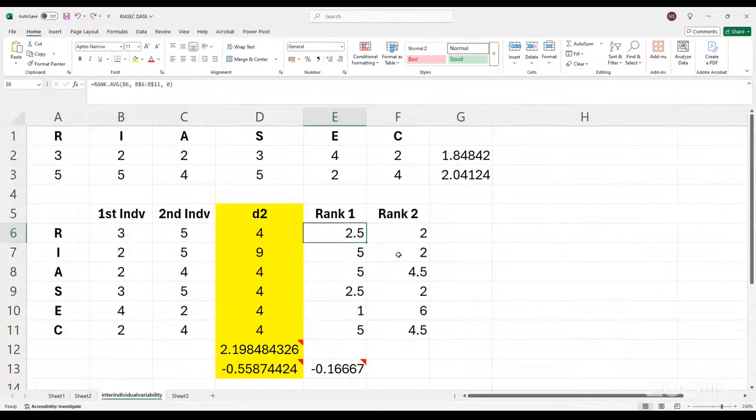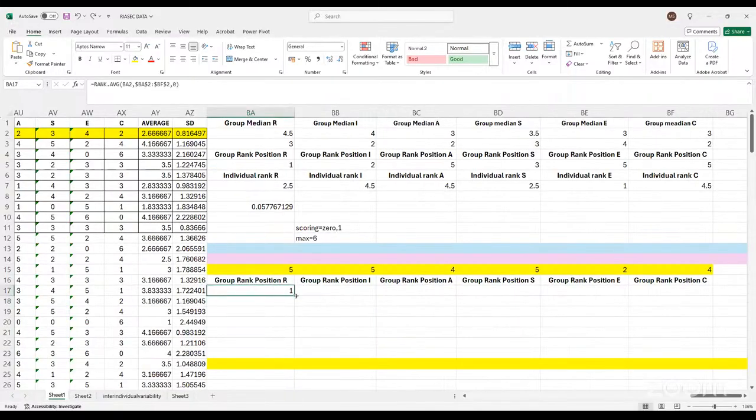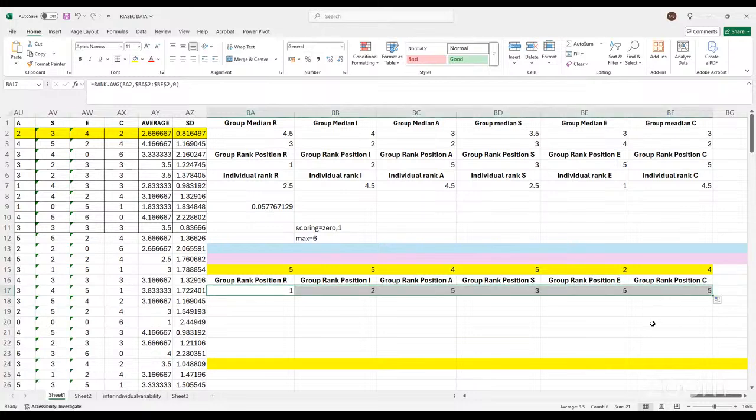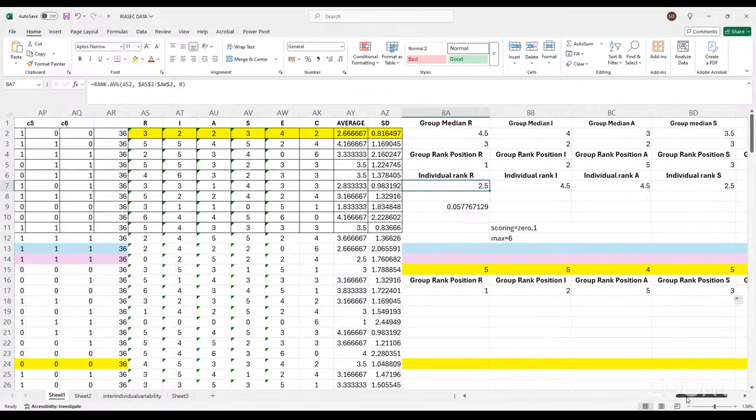One second. It's fixed. Same rank, individual ranks. Here there's a one, AS2. One second, my sheet is getting this.